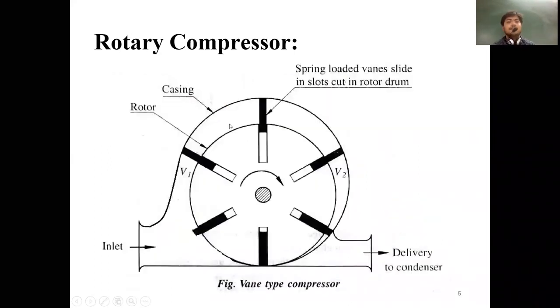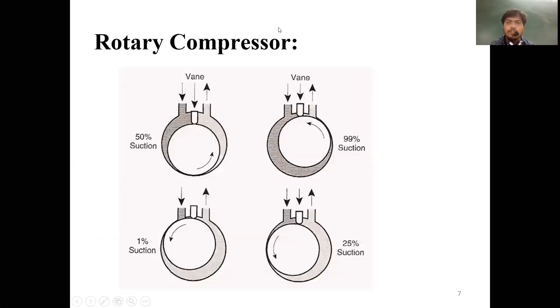Next is the rotary compressor. Basically, it is one type of rotary compressor. See here, a rotor is used and it rotates with the help of a motor, but it moves eccentrically with the help of a spring-loaded vane. So here, the 4 strokes are completed. The function of the inlet is shown here.